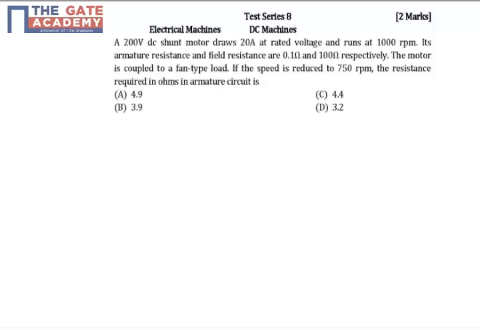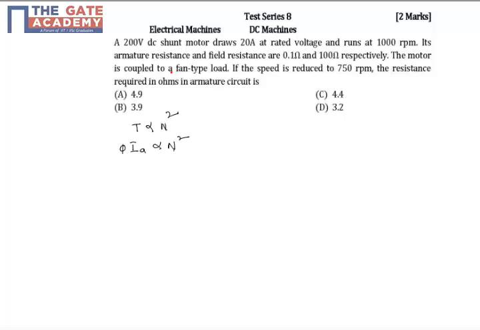Okay, and also the load is mentioned as a fan load, which is very important. In case of a fan load, the torque is proportional to speed square. So torque, which is phi into Ia, is proportional to speed square.